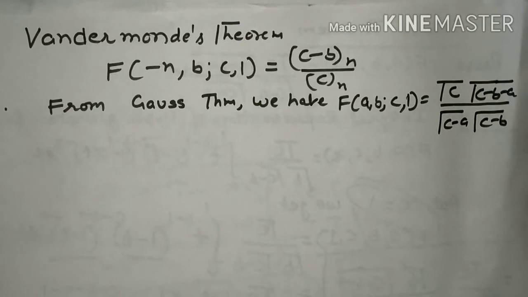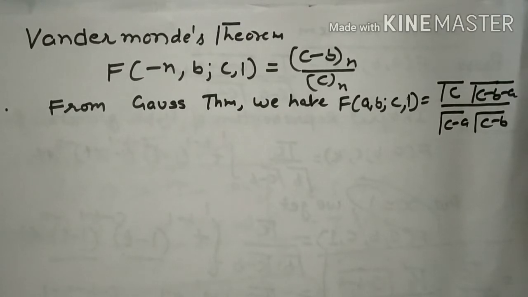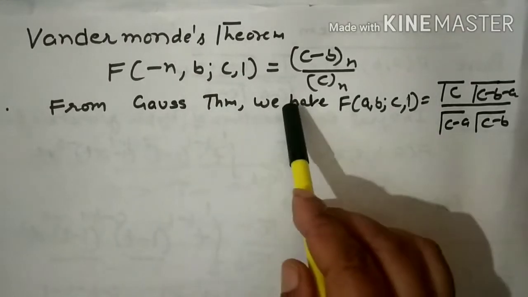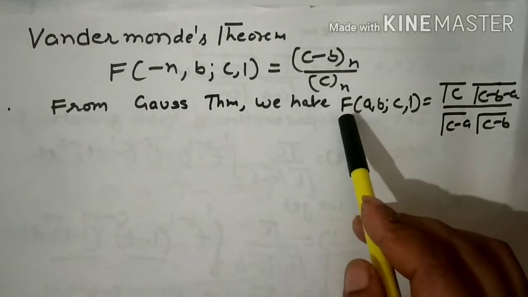So here is the next theorem, Vandermonde's theorem, which is F(minus n, b; c; 1) equal to (c minus b) Pochhammer symbol n over (c) Pochhammer symbol n. To prove this result, we will use the previous result of Gauss theorem that we have already done.